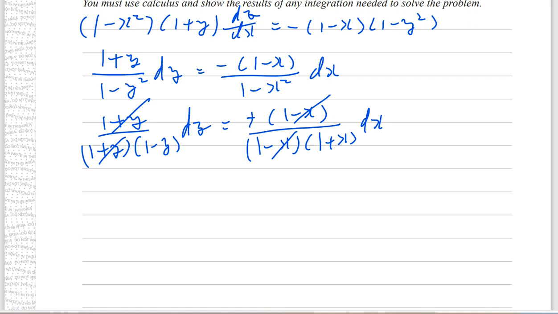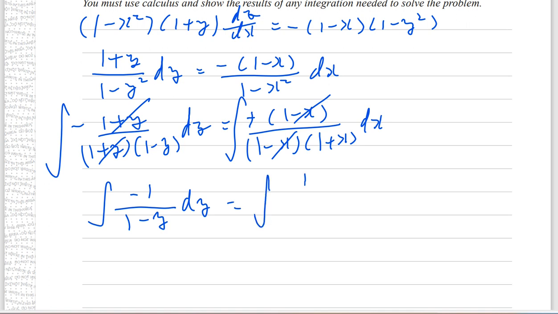So I put a negative sign here. I will explain shortly. So I put a negative integral sign on both sides. So negative 1 over (1 minus y) dy, and this becomes the integral of 1 over (1 plus x) dx.